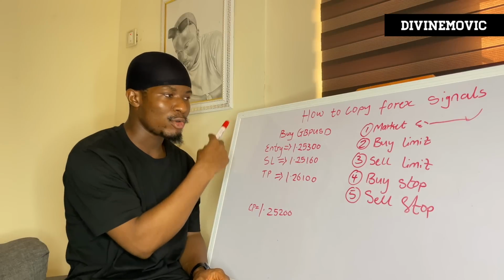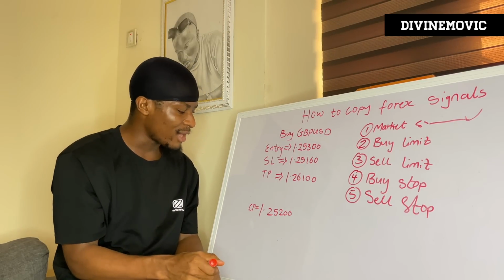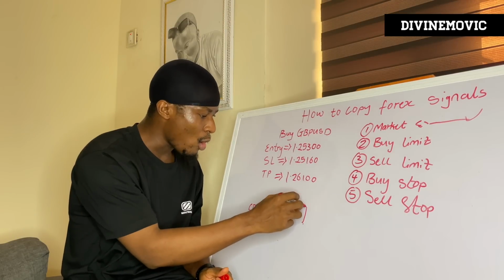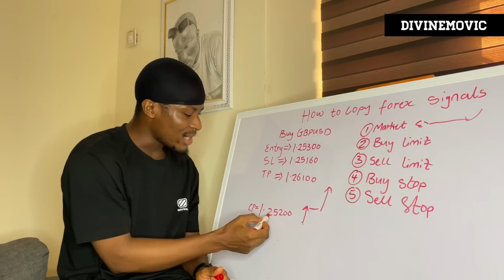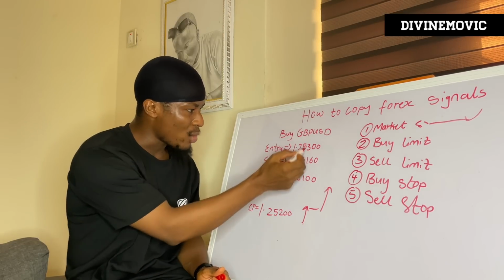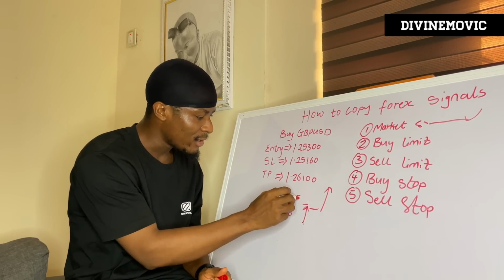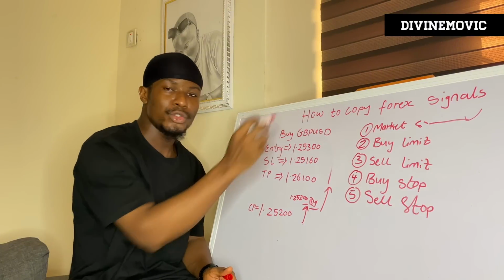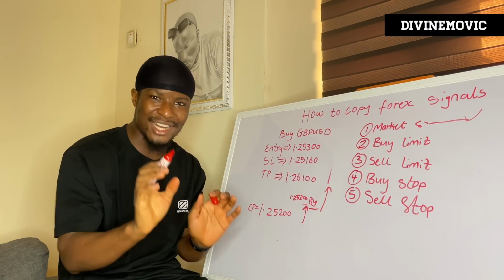Now I've given you an example of what a buy limit looks like. Now this is for a buy stop. What can you observe here? Price is lower, and you want price to go up so you can continue buying. Price is currently at 1.252. I want price to get to 1.25300 before you can say buy and continue to the upside. So this is basically how to copy signals correctly.